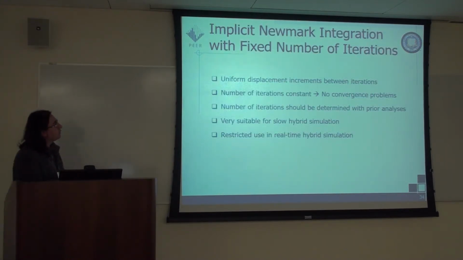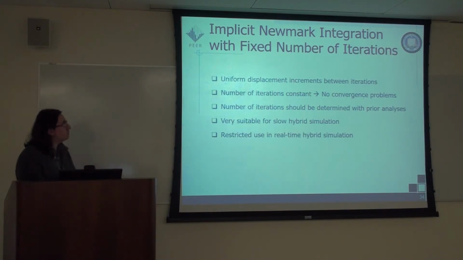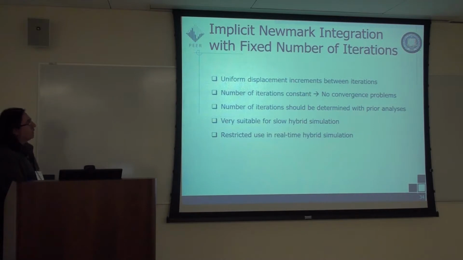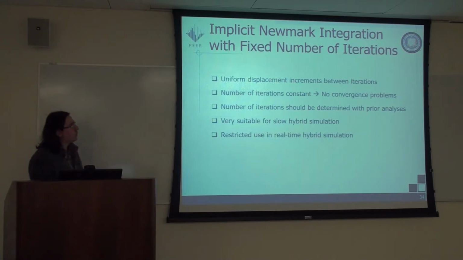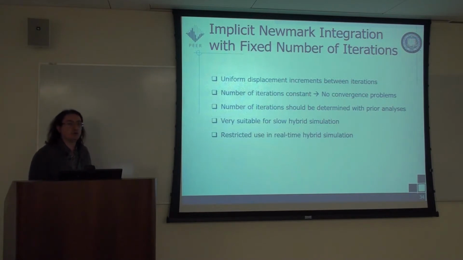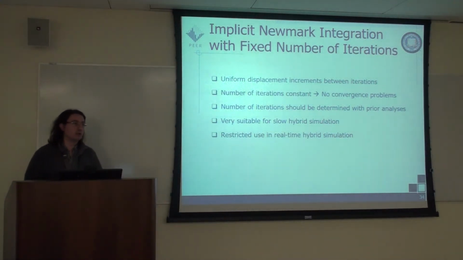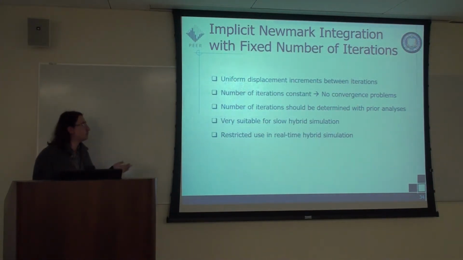So the third one that I want to highlight is implicit Newmark with fixed number of iterations. Basically this method uses a constant number of iterations, so you don't do any convergence checks. Let's say you say I'll do 10 iterations, and no matter what, I'll move on to the next time step after 10 iterations.